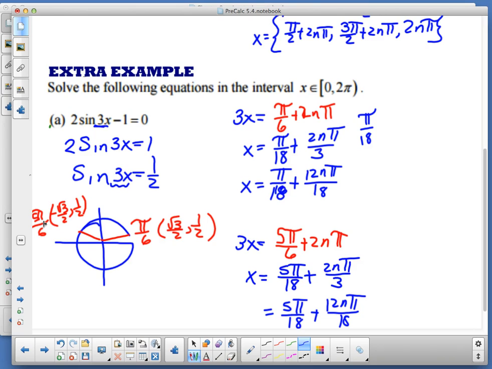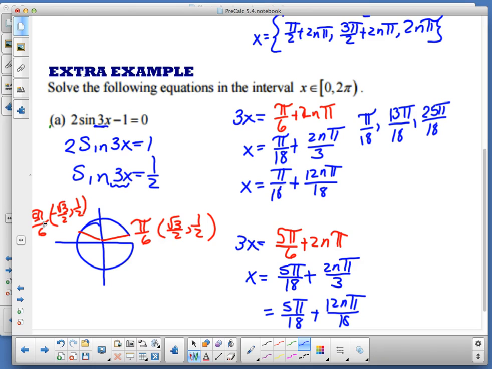So I got pi over 18 plus 12 pi over 18, which is 13 pi over 18, plus 12 more pi over 18, which is 25 pi over 18, and plus 12 more, which is 37 pi over 18, which is greater than 2 pi. So these are my only three solutions from pi over 18.